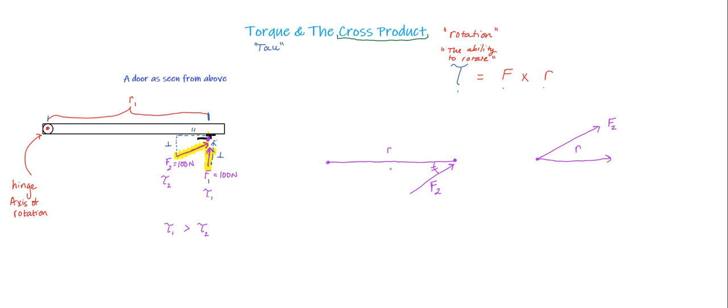So we've done it in 3 stages. We took it from this realistic stage to this stage where I pulled the door example out, but the arrows, the R value and the F value are still pretty much where they are in the picture. And now all I've done is I've shifted this arrow over to the right. So this is that R vector. And then I've shifted this value up so that the ends of the tail are joined together. This is the angle that I'm actually concerned about.